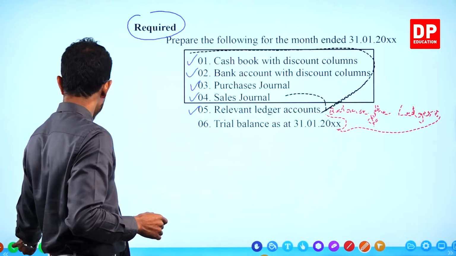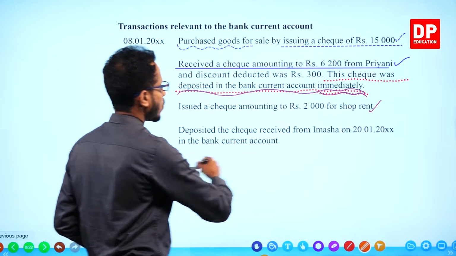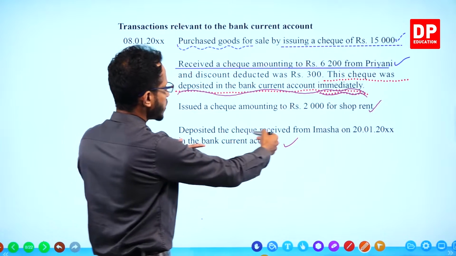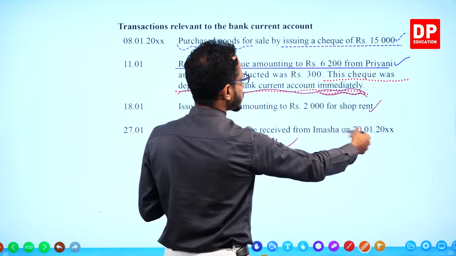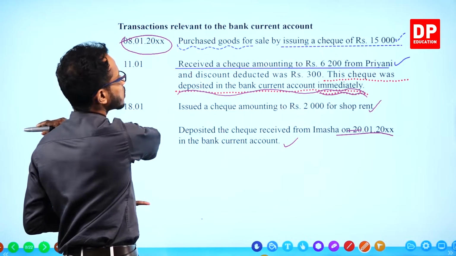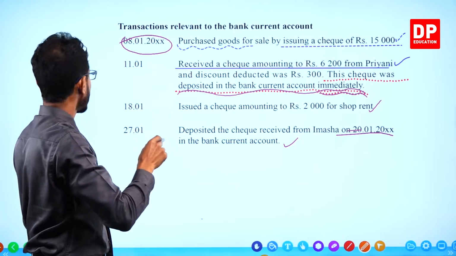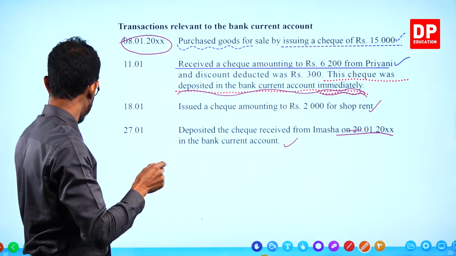Okay, is that it? No, we have one more. Deposited the check received from Imasha on 20th. This is the date? No. Then where is this amount?